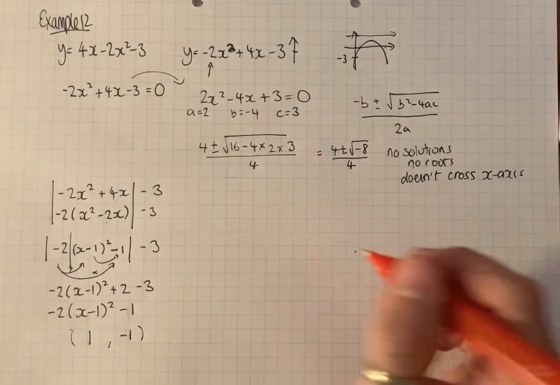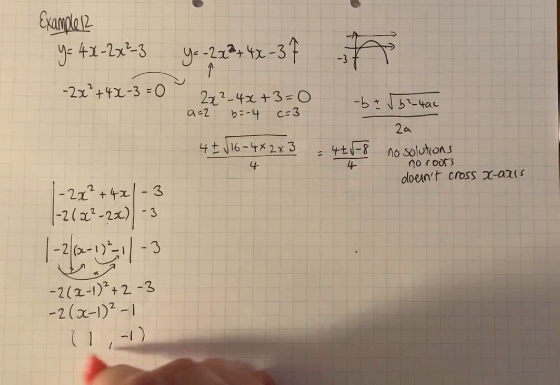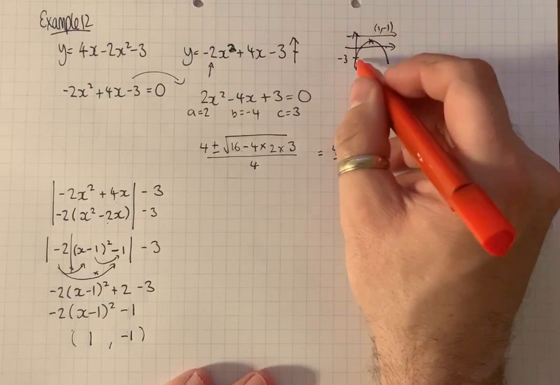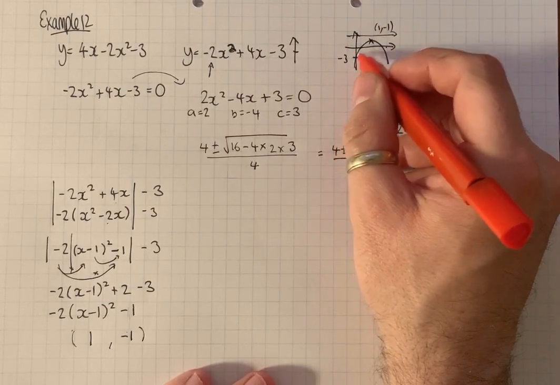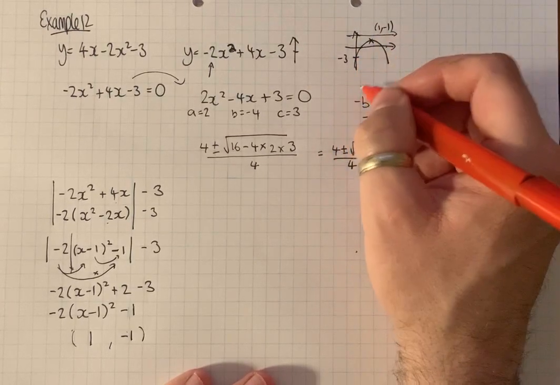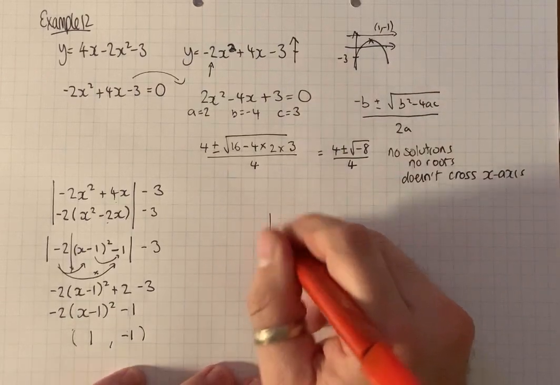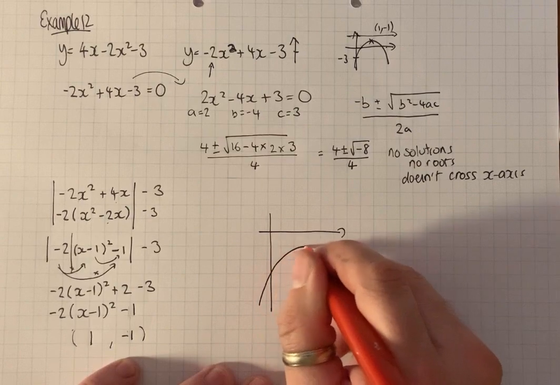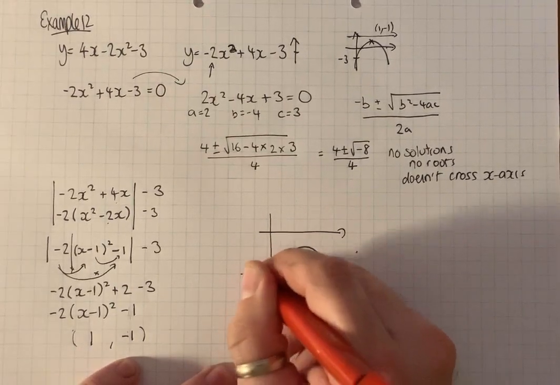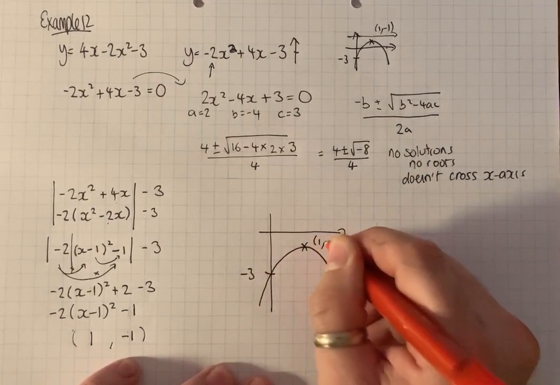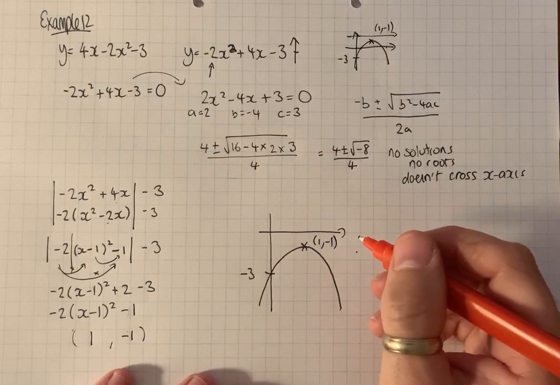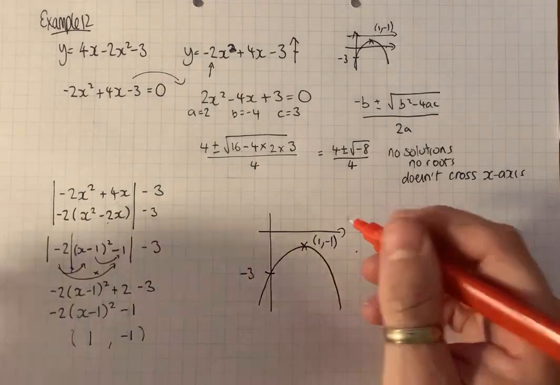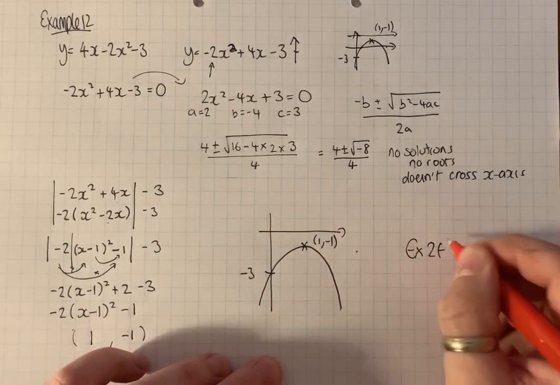So bringing all that together, we've got a maximum point at 1, minus 1, it crosses the y-axis at minus 3, and you don't know where it crosses the x-axis, because it doesn't. Okay. And that's all the questions up to exercise 2F.